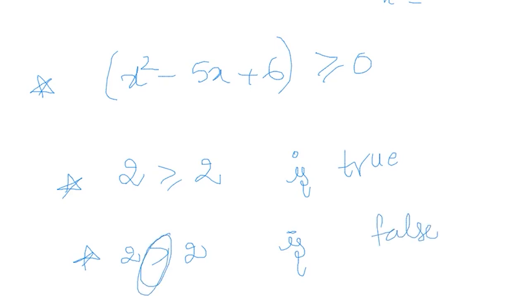Even though the greater than symbol fails, it is still satisfying the equal to condition. So when we say greater than or equal to, even if you fulfill one condition, this becomes a true statement.